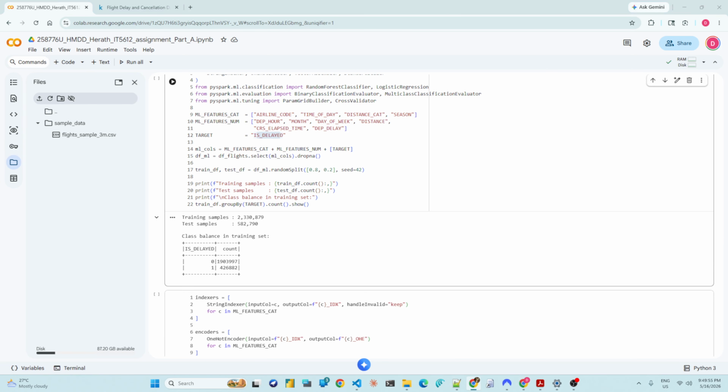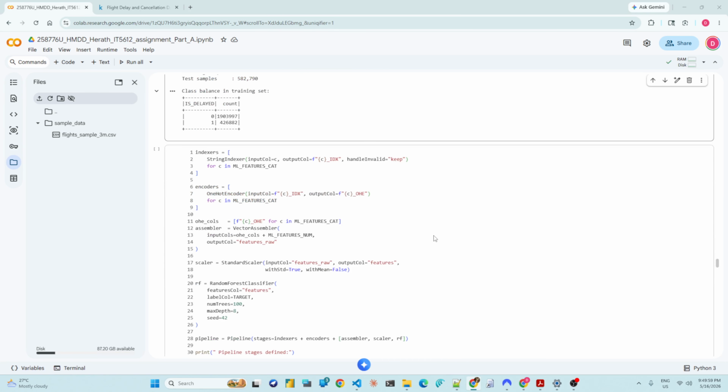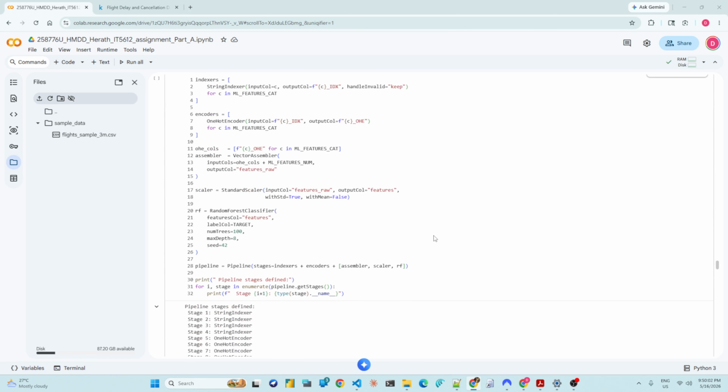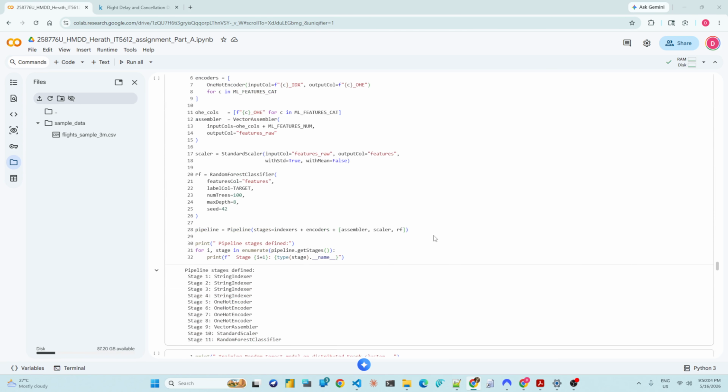So I trained a pipeline by calling pipeline fit here on the training data frame, then Spark distributes the computation across all available cores. This is where the power of Spark machine learning lib is demonstrated. So it can scale the same pipeline to billions of records on a multi-node cluster without changing a single line of code.